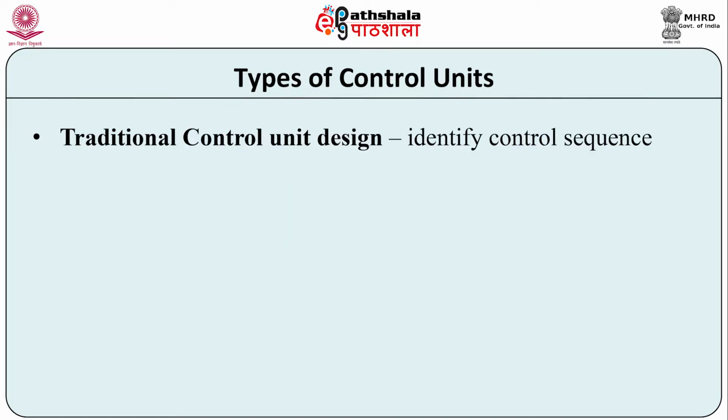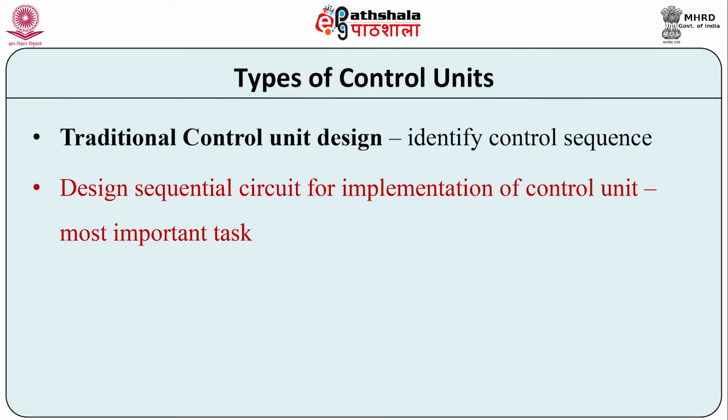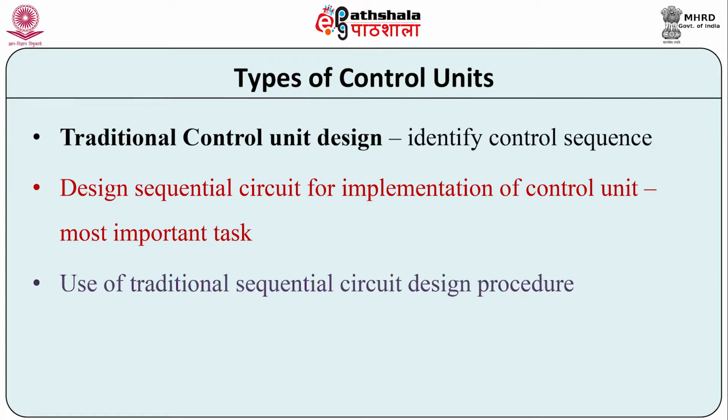In traditional control unit designs, the control sequence needs to be identified. Once a control sequence has been identified, the sequential circuit for implementation of control unit must be designed. As the control unit is a sequential circuit, it can be designed by following traditional sequential circuit design procedures.